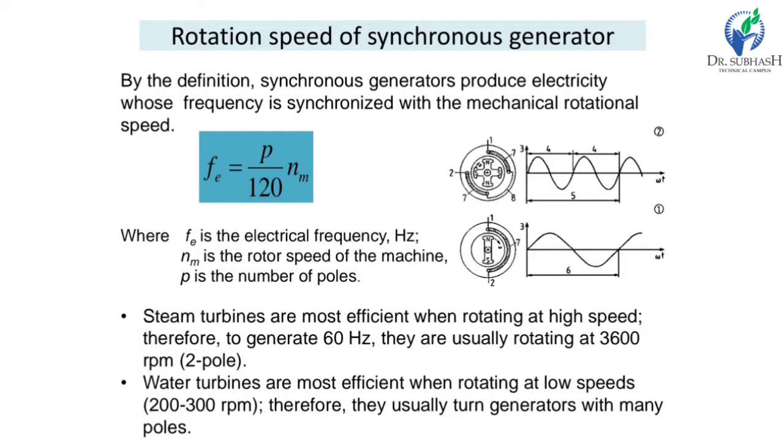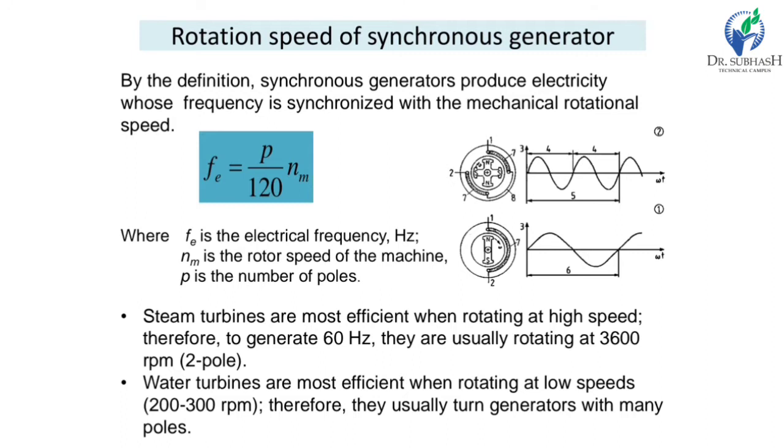Here, P is equal to the total number of poles in the field winding. Small p is equal to the pair of field poles. N is equal to the speed of the field in RPM and small n is equal to the speed of the field pole in RPS, while f is equal to the frequency of the generated voltage in Hertz.